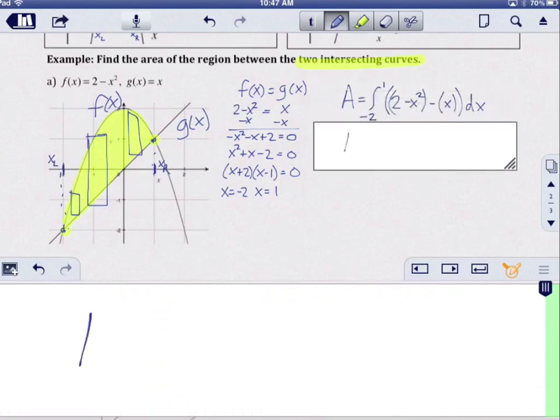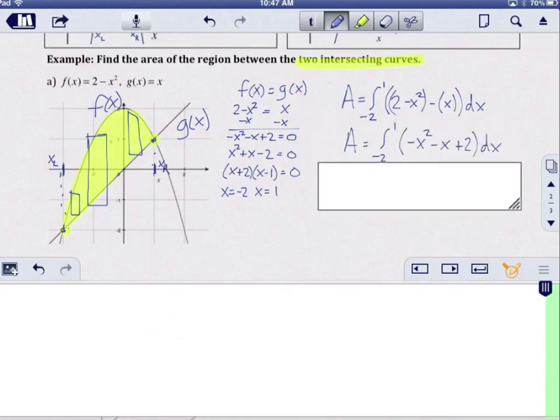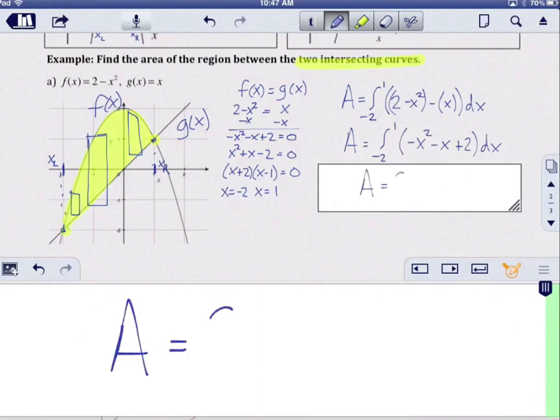And so if we simplify this, we have the integral from negative 2 to 1 of negative x squared minus x plus 2 with respect to x. And if we just solve this using our calculator, we're going to get 9 halves.